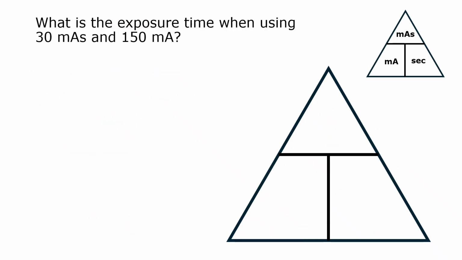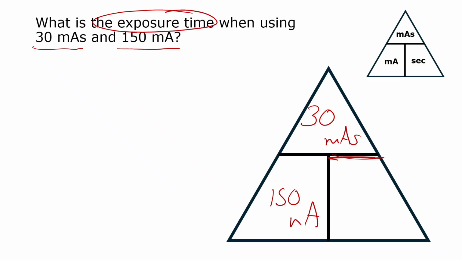All right, this next problem says, what is the exposure time when using 30 mAs and 150 mA? So we'll put in our 30 mAs, 150 mA, and we're trying to calculate exposure time right here.